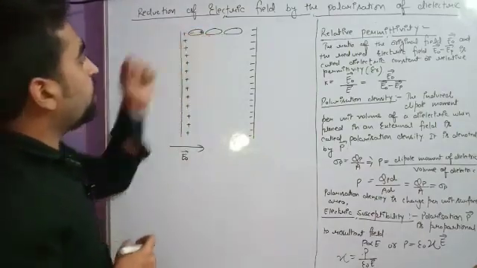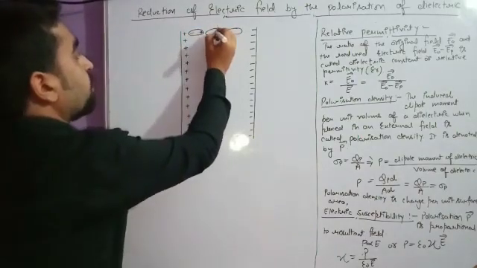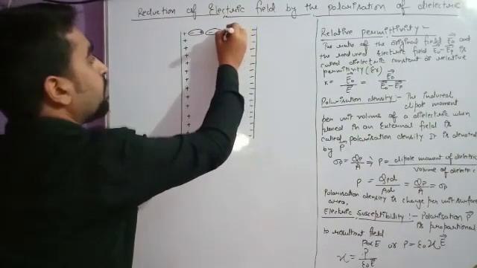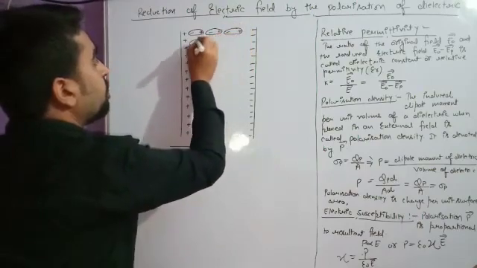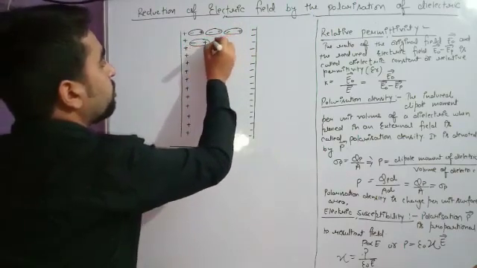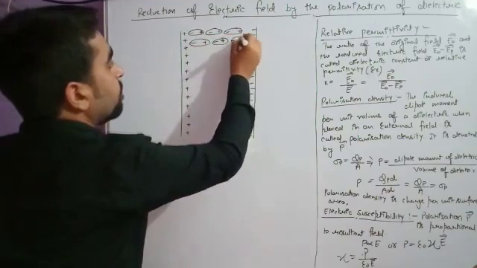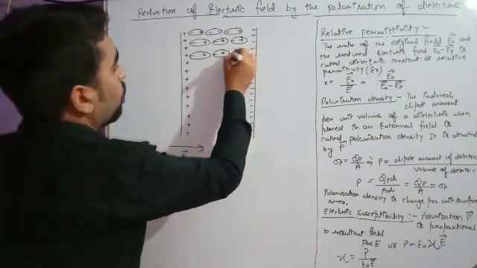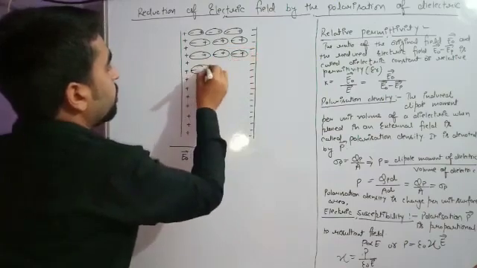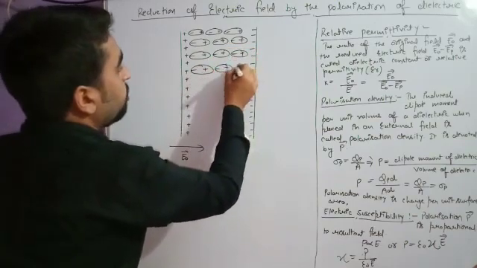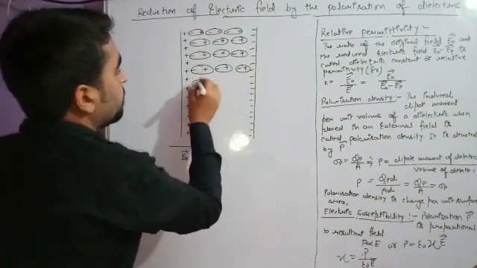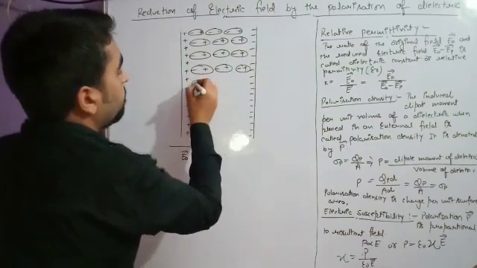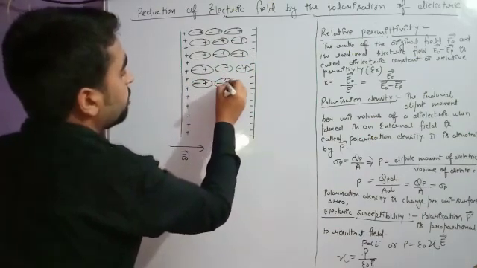So this is how they will align: positive here, negative here, similarly positive here, negative here, and so on. So what we have done is, between the two plates of the capacitor, we have placed a dielectric material.